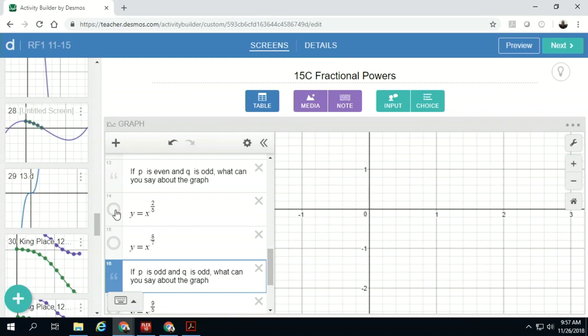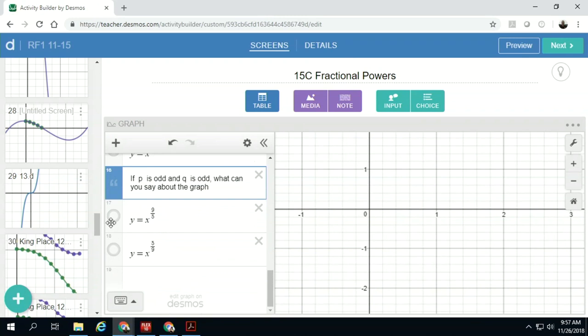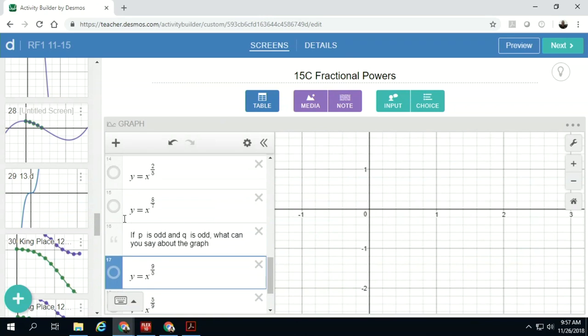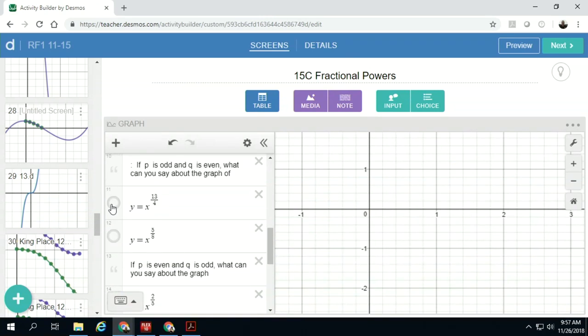Odd over even. Oh, I must have switched A, B, and D around, huh? Odd over even. Didn't we do this one? Odd over even, odd over odd, odd over even. Let's try this. There we go.